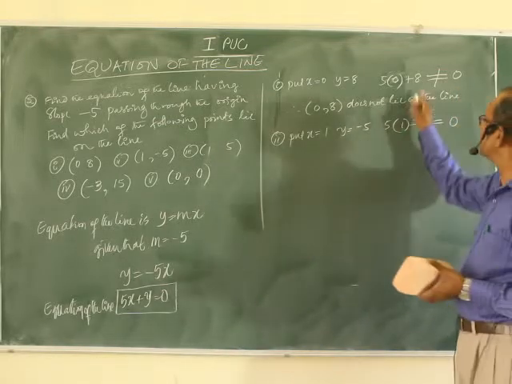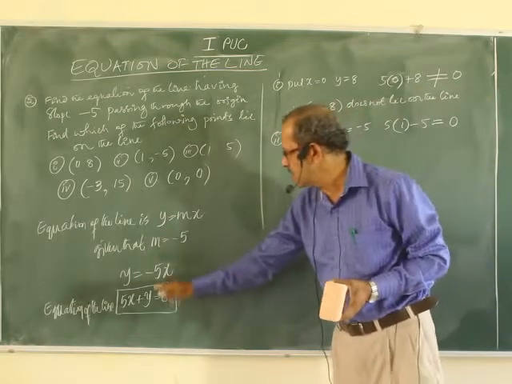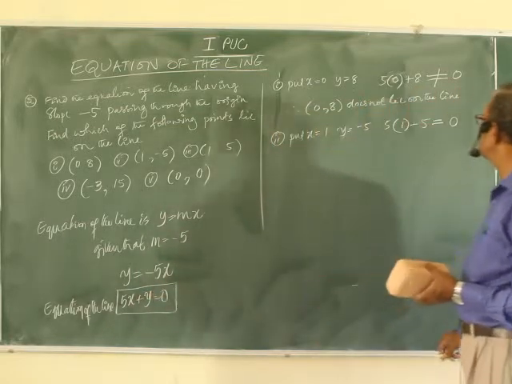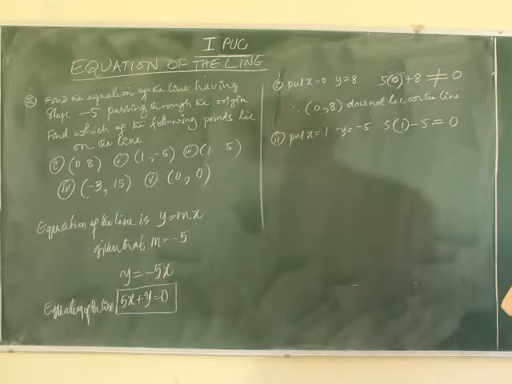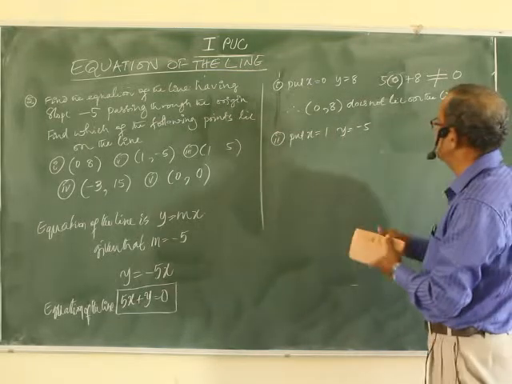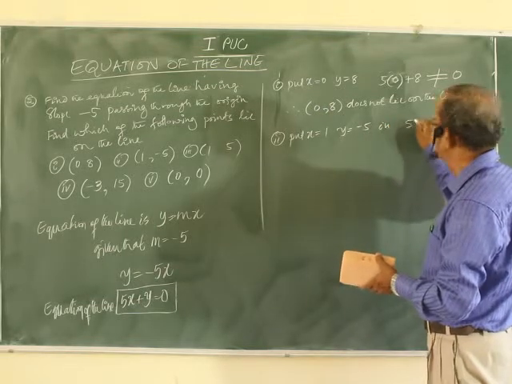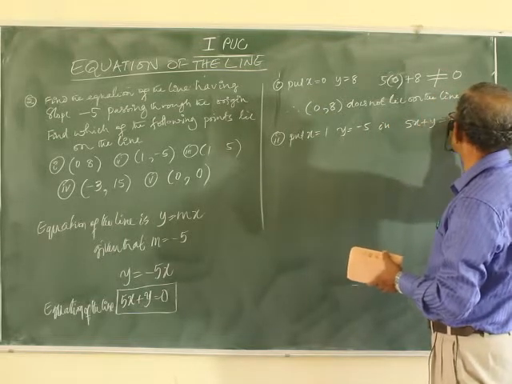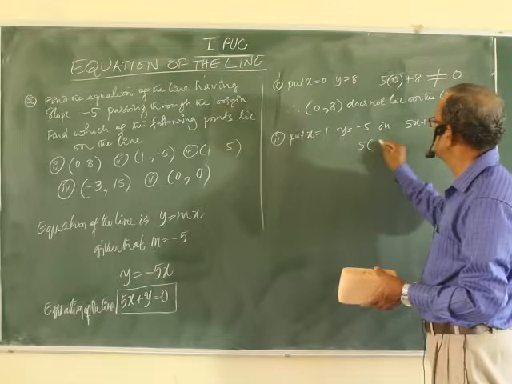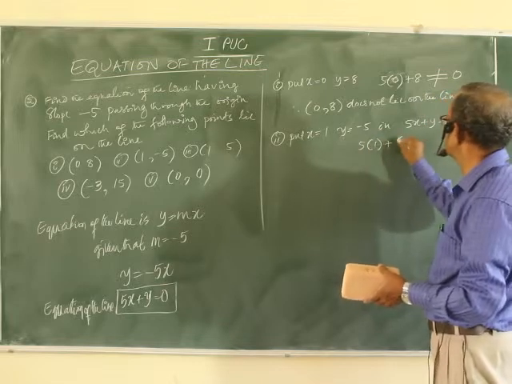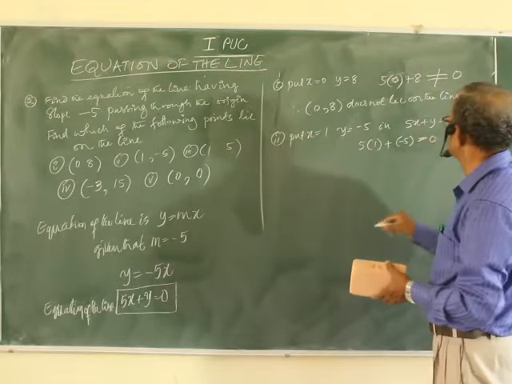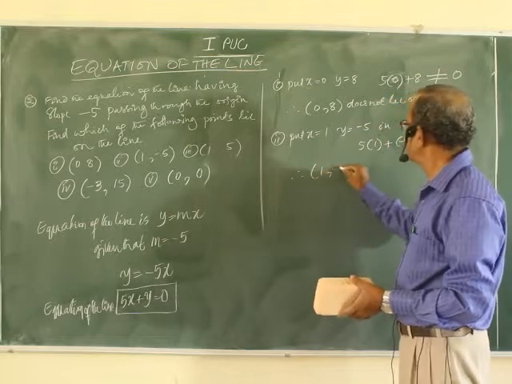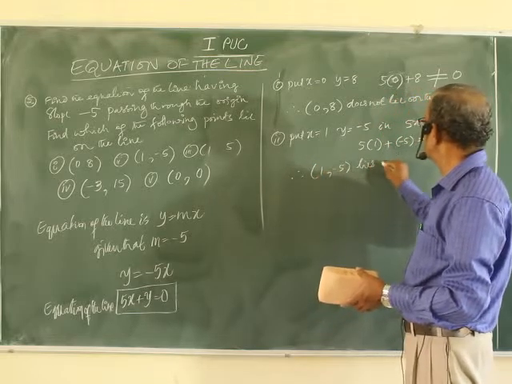In this equation, 5x plus y equal to 0, put the value. You get 5 into 1 plus minus 5 equal to 0. Therefore, 1 comma minus 5 lies on the line.